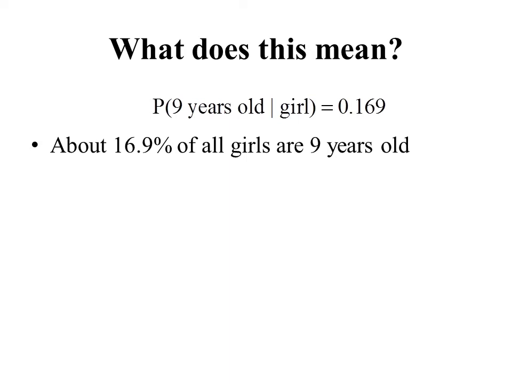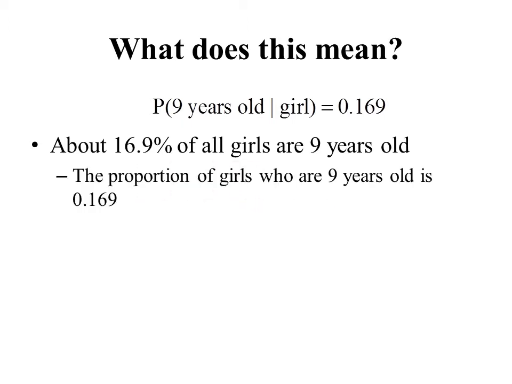Let's talk about what these probabilities mean. Our first probability, 9 years old given that it's a girl, is 0.169, which means that about 16.9% of all girls are 9 years old. Stated another way, the proportion of girls who are 9 years old is 0.169.